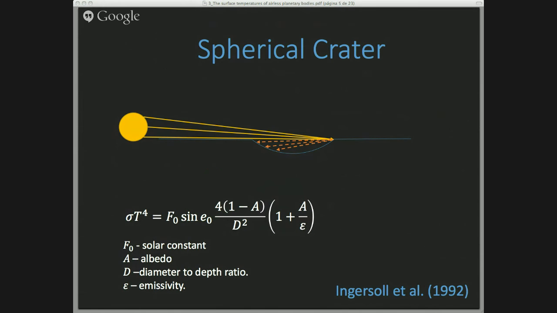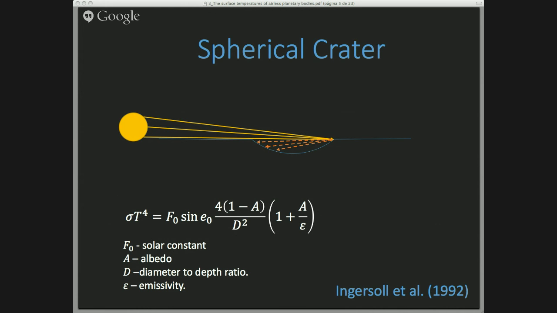Very, very simple, and he got the relation between the equilibrium temperature and the geometry of the crater and the surface properties, the albedo, the emissivity of the surface, and the diameter to depth ratio here. So given the incidence angle, the elevation angle on the surface, you could exactly know the equilibrium temperature.